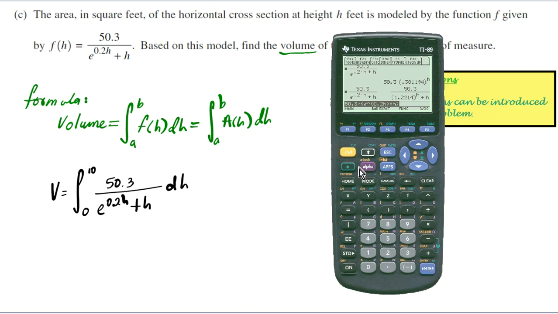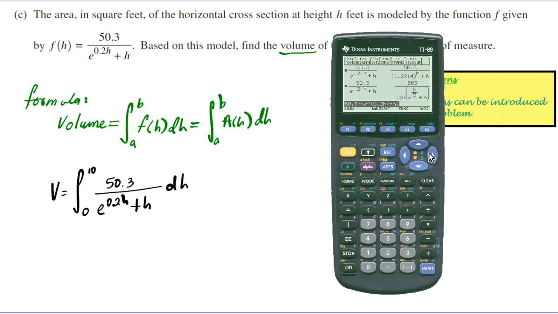What I just did is I pressed the mode button, and then I went to the second page, and when you scroll down you have exact/approximation. You can make it exact, automatic, or approximation. I chose exact because I want it to look exact. Okay, so we have it right there.